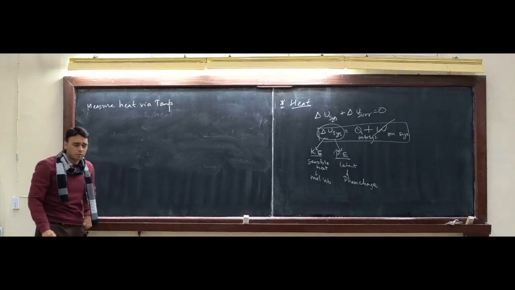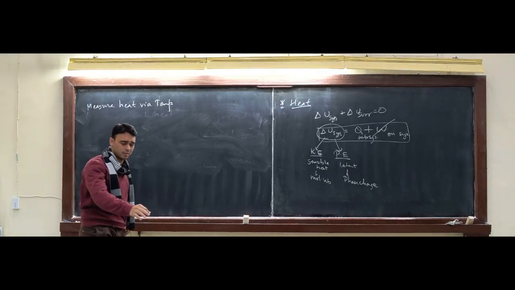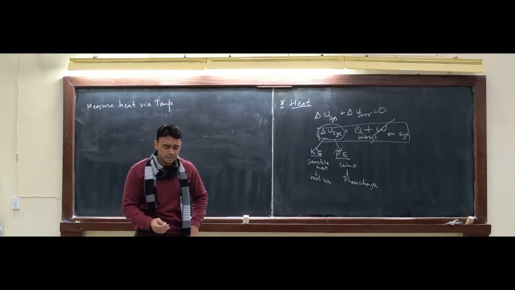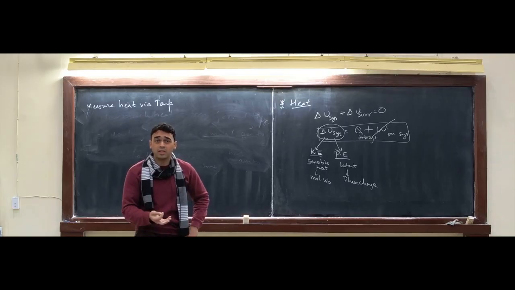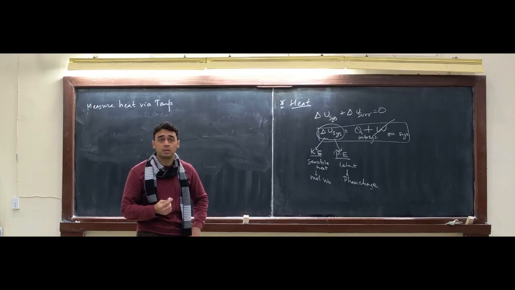Yes, but we also know this, that if I take water and give it some amount of heat, it will result in a temperature change. If instead of water I took honey, would it lead to the same temperature change? If I take wood, would it lead to the same temperature change?